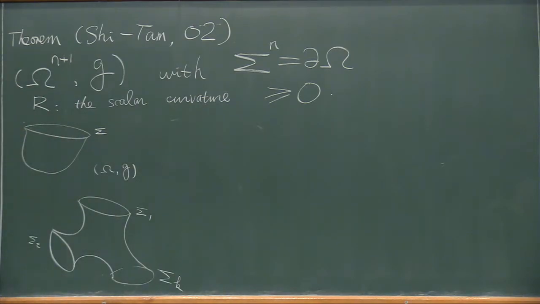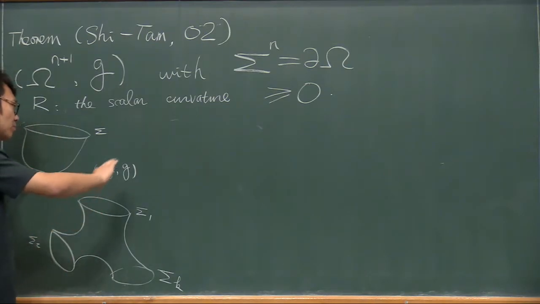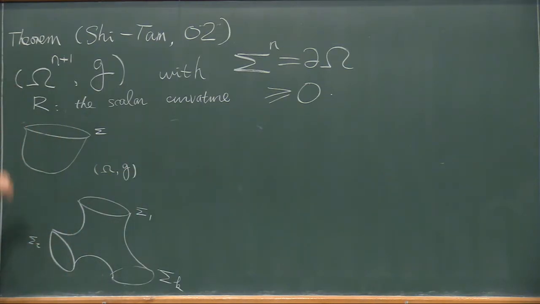And for the results to hold, we are going to always assume that the boundary has positive mean curvature, which means the mean curvature vector on the boundary will always point inward.